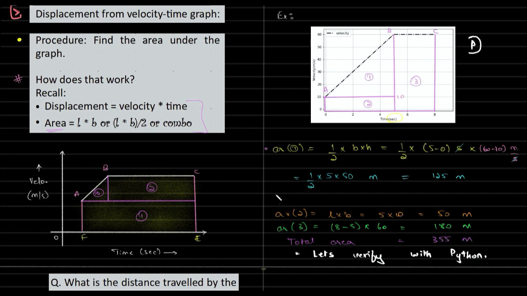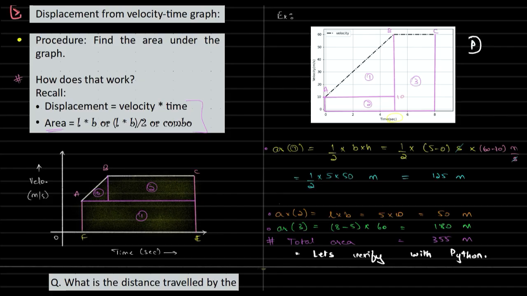So this is your answer, right? The total distance traveled by this particular vehicle from A to C in the time frame 0 to 8 seconds, with all of these velocities, is 355 meters.